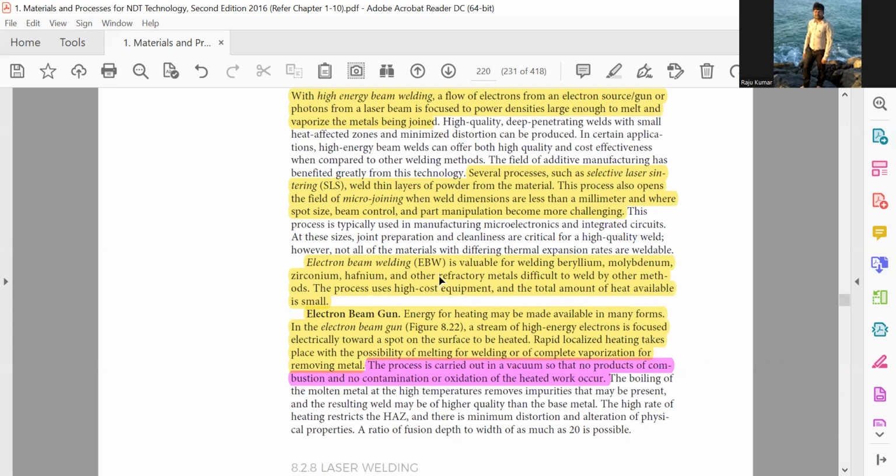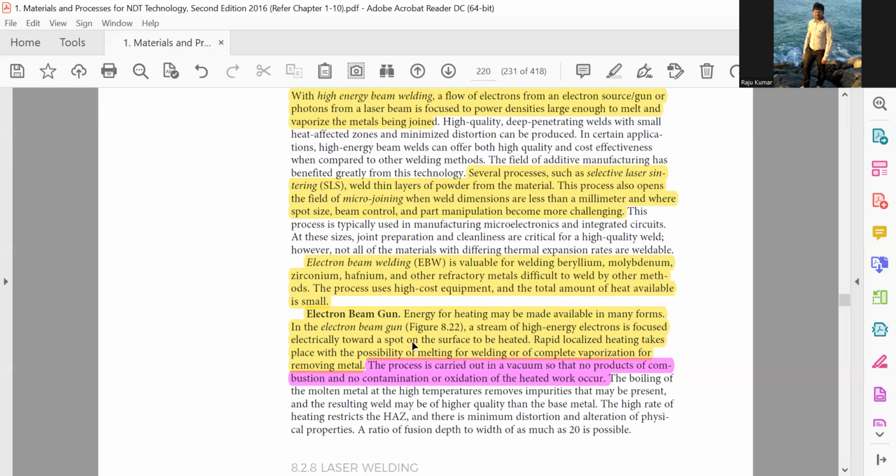So EBW. The process uses high cost equipment. Electron beam gun. Energy for heating may be made available in many forms. In the electron beam gun, a stream of high energy electrons is focused electrically towards the spot on the surface to be heated.